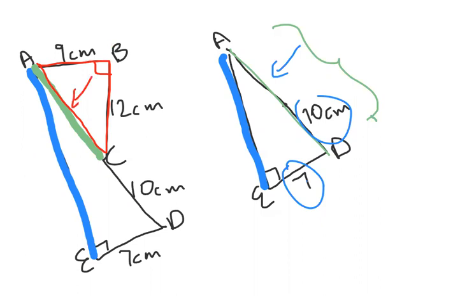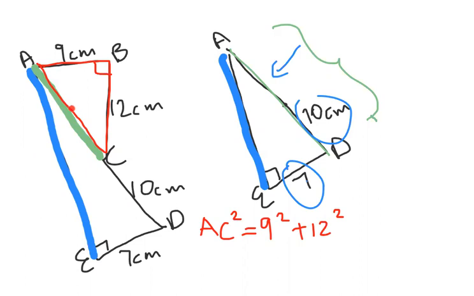Remember, the side opposite the 90 is the hypotenuse. So I'm going to use the red triangle to first determine this AC over here. I'm going to write it separately here at the bottom: AC squared equals the 9 squared plus the 12 squared. So I want this AC, and I just used Pythagoras.